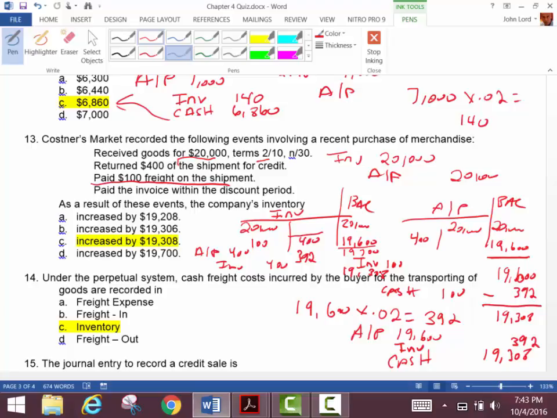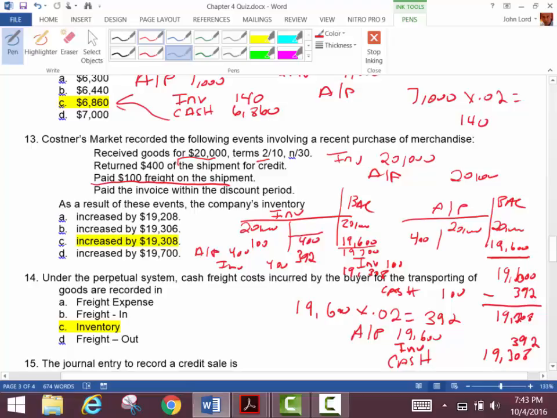Oh, it's 208. There you go. 19,208, 392. 19,600 minus 392 equals 19,208.